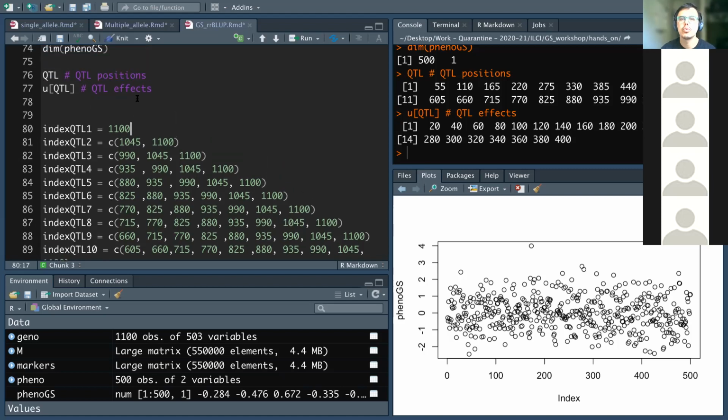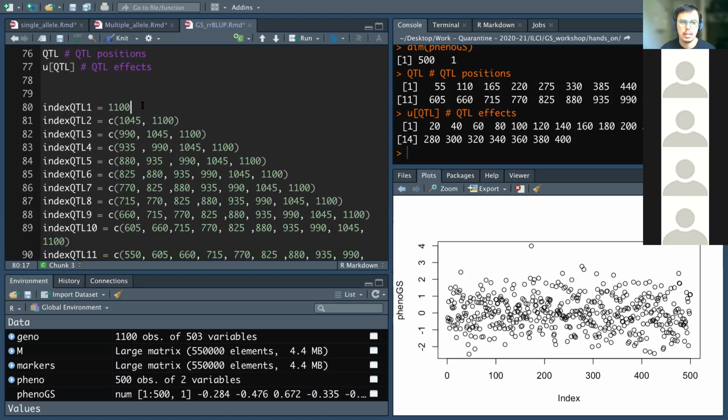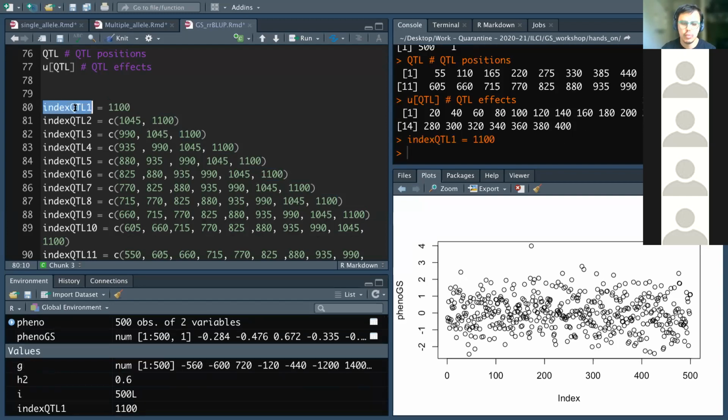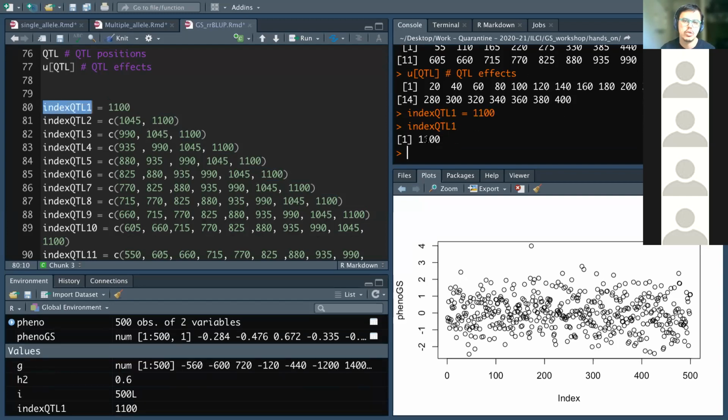As we have 20 different QTLs, I'm just going to create vectors with the positions of the QTLs that we simulated. Again, it looks pretty awful, but it's just to show you how you can put together this data. So here, for example, index QTL1 is nothing different than the position of the QTL with the highest effect.